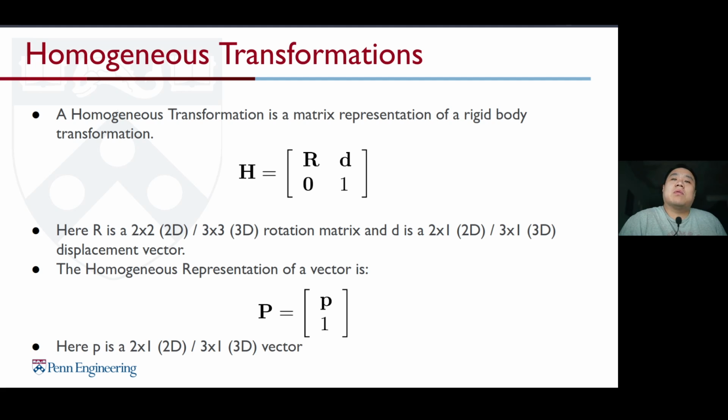The point vector P is 2 by 1 in 2D and 3 by 1 in 3D, and the homogeneous representation of a vector will be 3 by 1 in 2D and 4 by 1 in 3D. In our later vision lecture, we'll talk about why the homogeneous representation of a vector will come in handy, and why it is important to have such a notation.